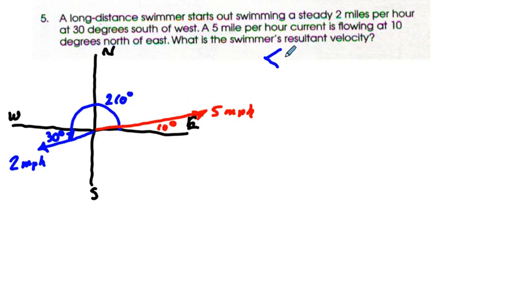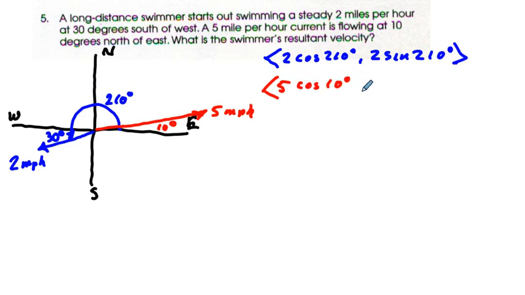So we have 2 cosine of 210 degrees, standard positionizing that angle, and then 2 sine 210 degrees, and then we're going to add to that our current vector, which is 5 cosine 10 degrees, comma, 5 sine 10 degrees.